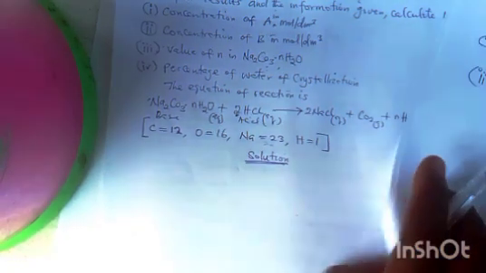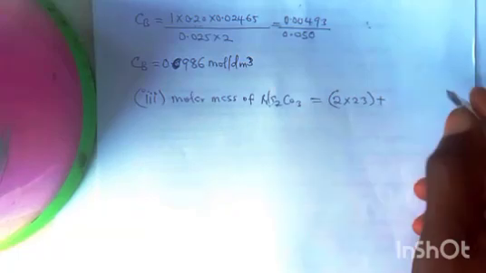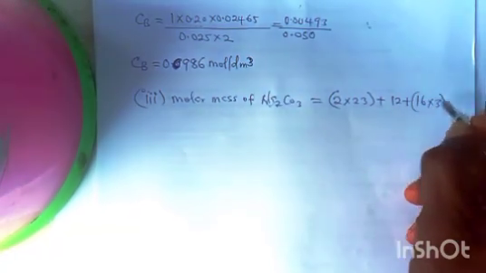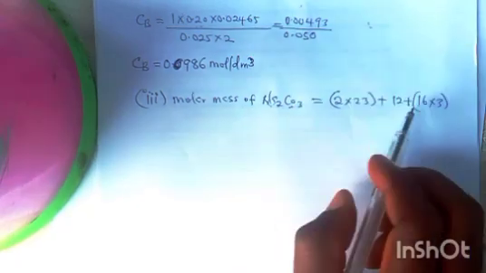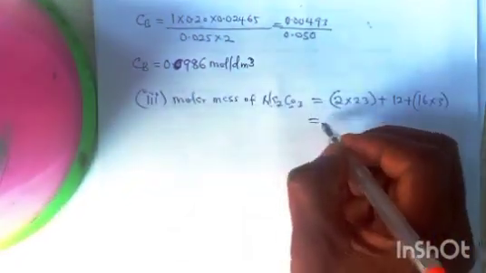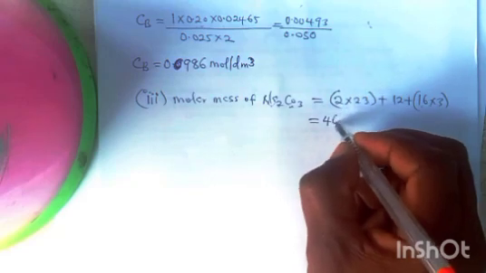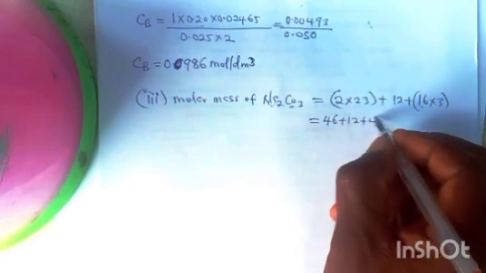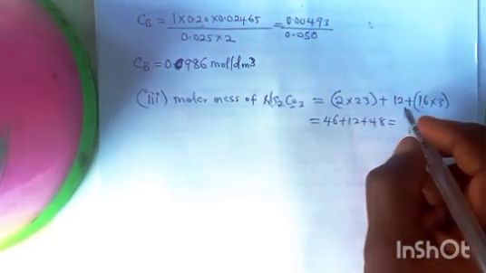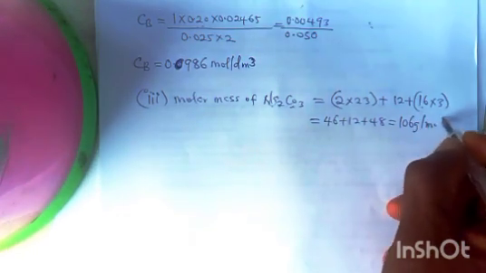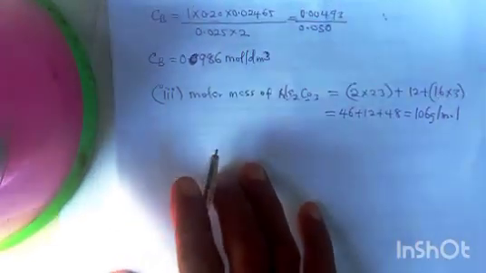Carbon is 1, which is 12. So plus 12 plus 16 times 3, because oxygen is 3 here. So 16 times 3. The whole of this, after adding, is 46 plus 12 plus 48. It's going to give us 106 gram per mole. So that is the molar mass.